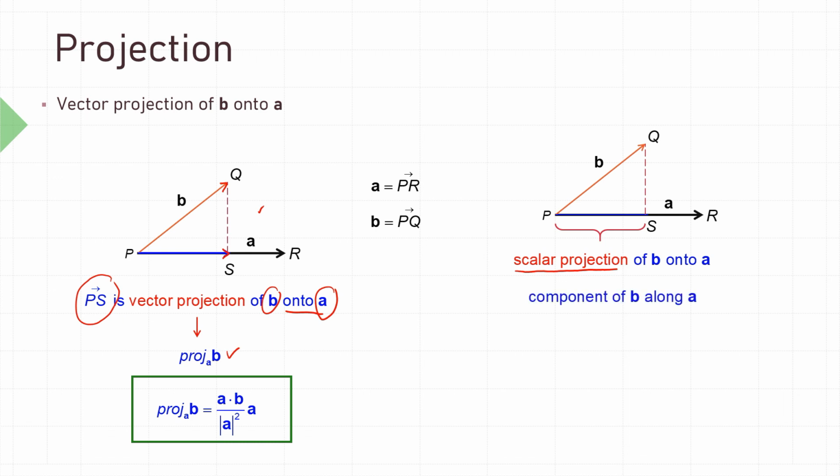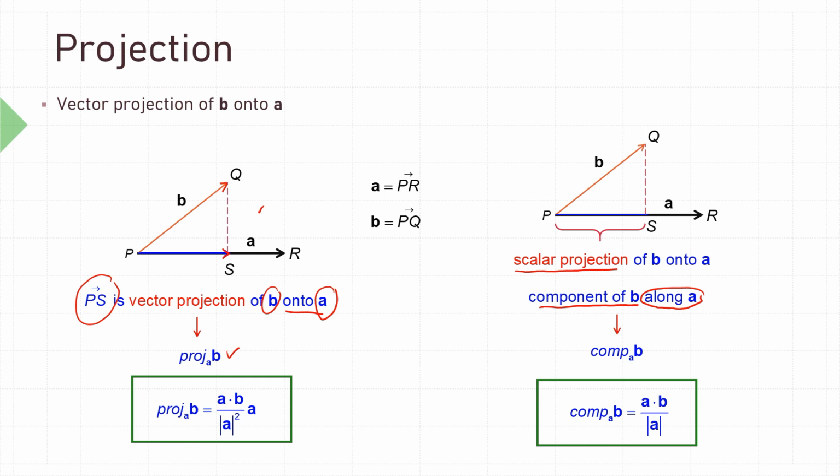Sometimes it is known as component of B along A, which is given by this equation.